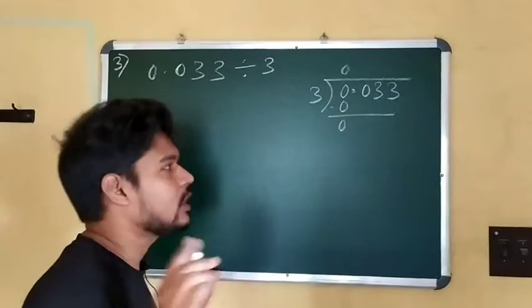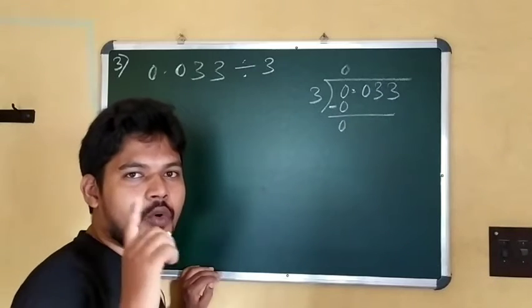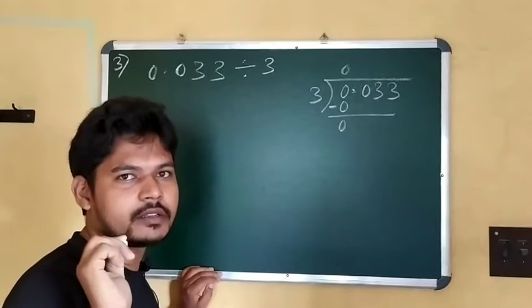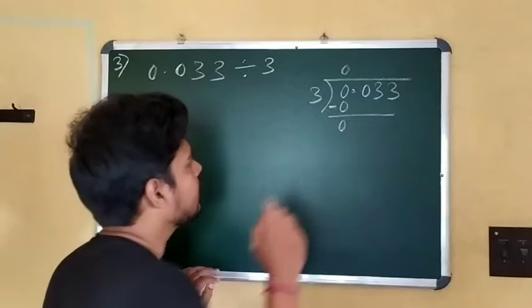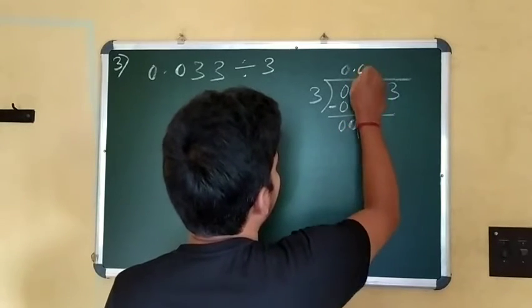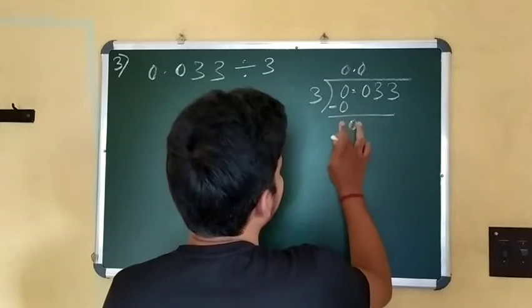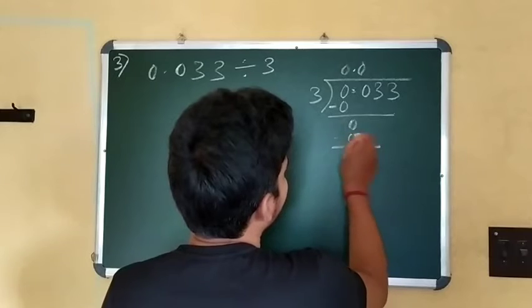But as you know, after the initial division, only one digit you can take. Only one digit you can take. So at first you have to shift the decimal point, then you take 0. Again you have to put 0. Then 3 into 0, that is 0 again.